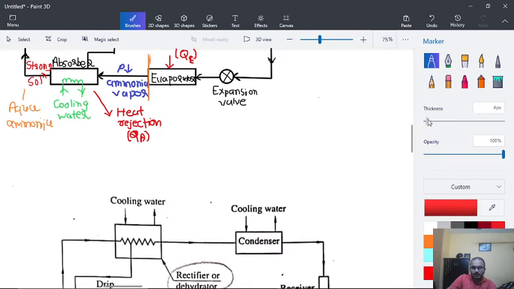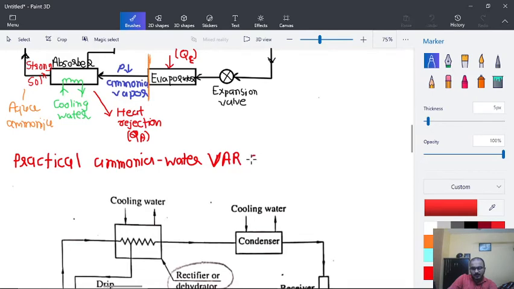So our next theory, practical ammonia water VAR system.